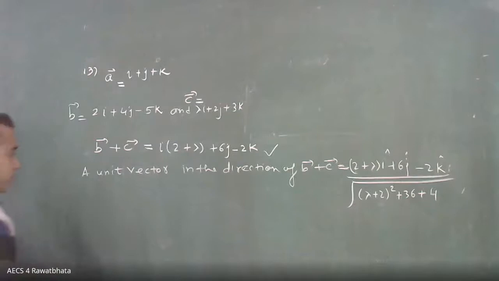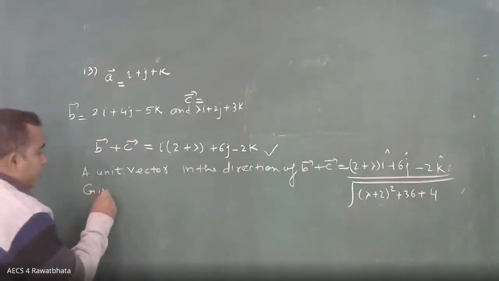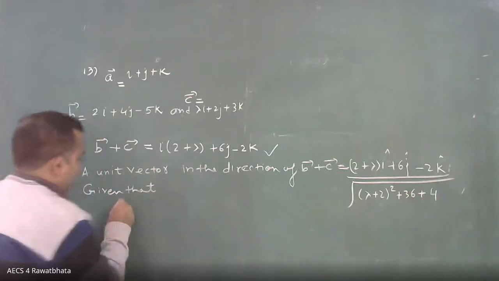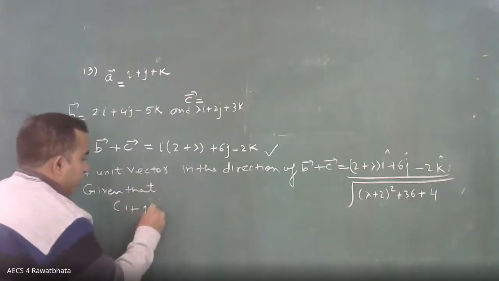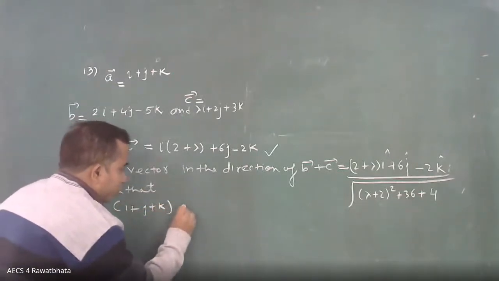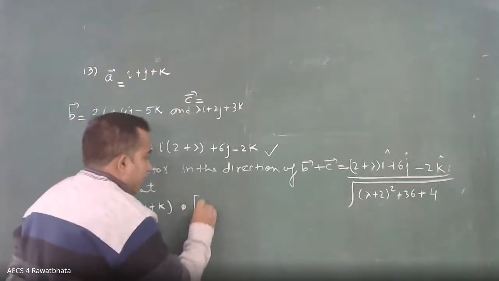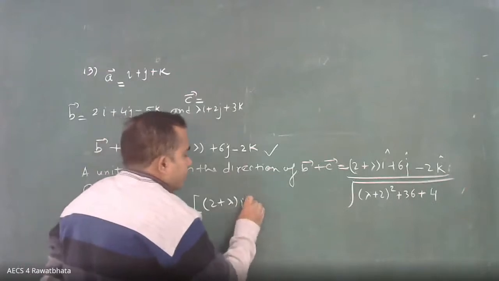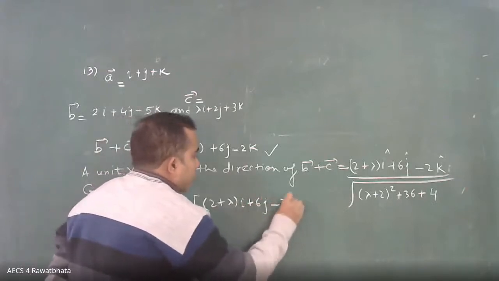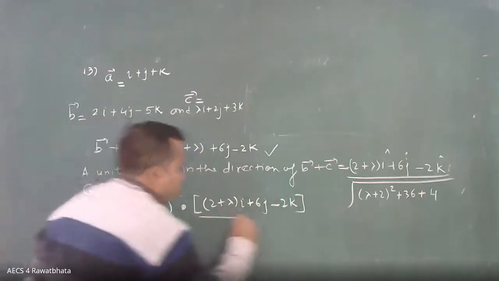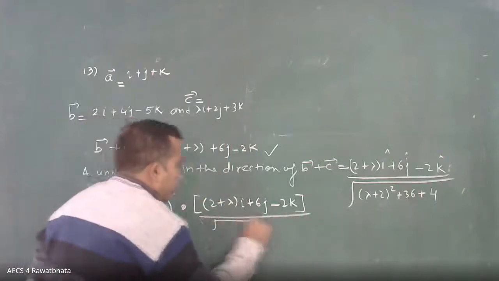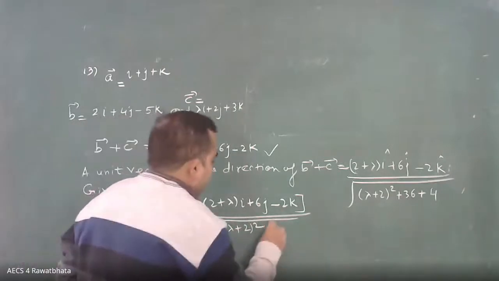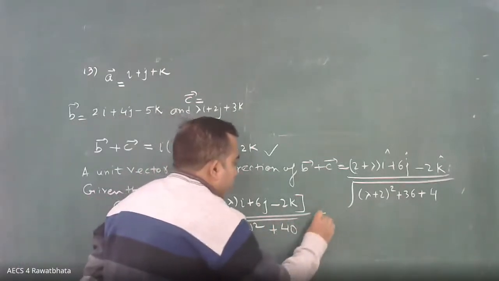Given that (i plus j plus k) dot (2 plus lambda i plus 6j minus 2k) whole upon root of (lambda plus 2) whole square plus 40, and this is very important.